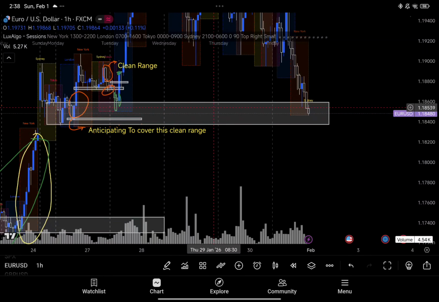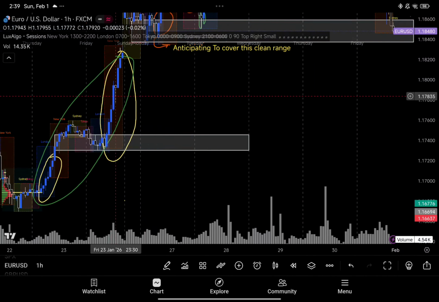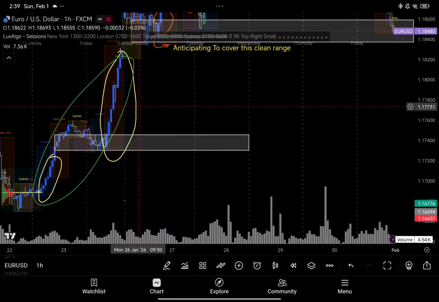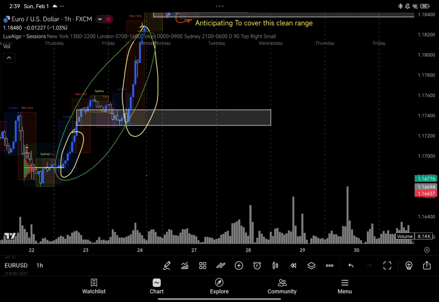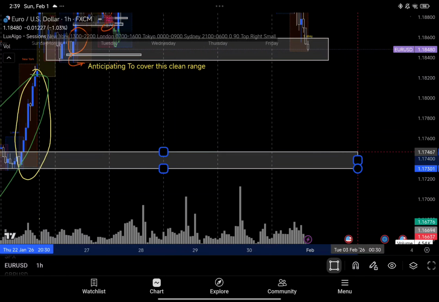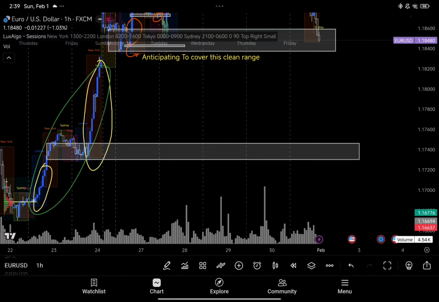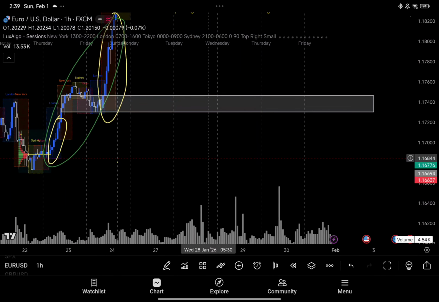The market is trying to tell us that if this support breaks and we get a candle closing below this support, there are high probabilities for the price to cover this clean range on the left hand side, which I marked as yellow. As you can see, this is one of the supports.